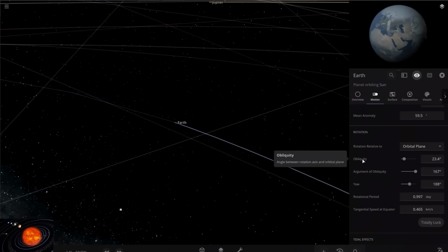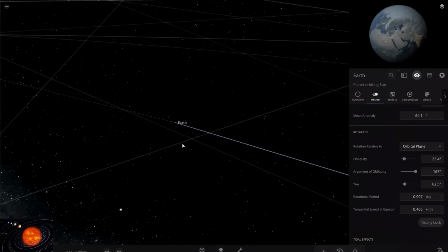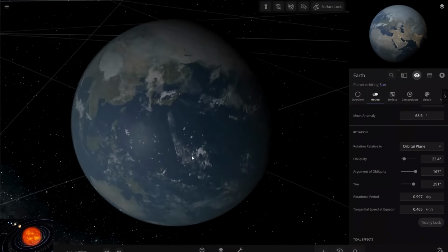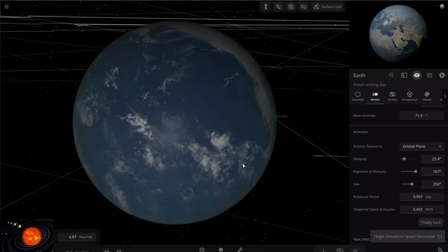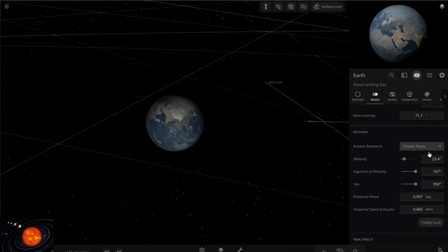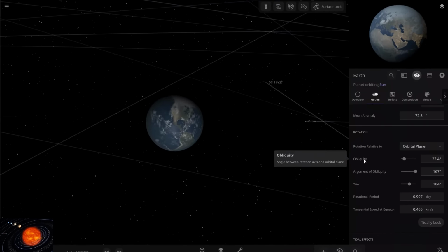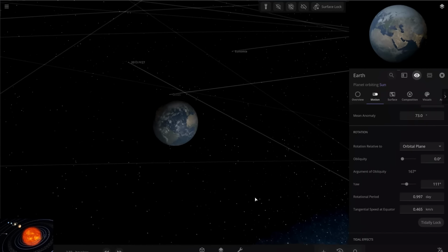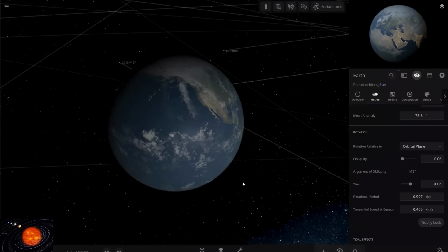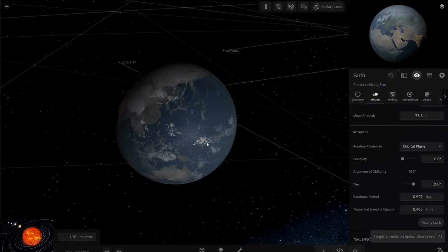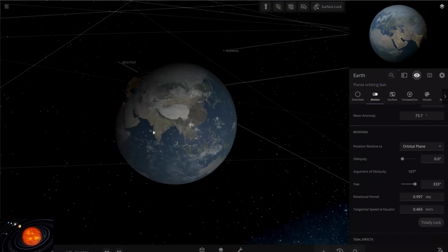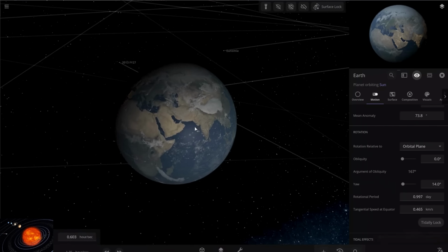This is the angle. As you know, the Earth is not standing in a straight way, and it has some angle, which this parameter lets the Earth have the seasons. If we just set it to 0, you can see now the Earth is standing straight without any angle, and there wouldn't be any seasons anymore on the Earth.